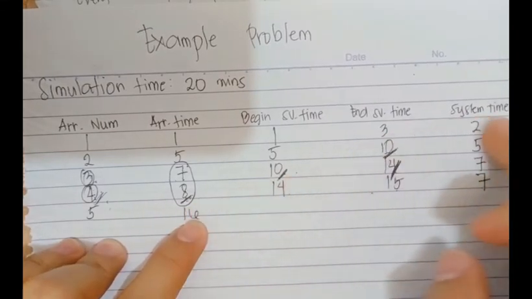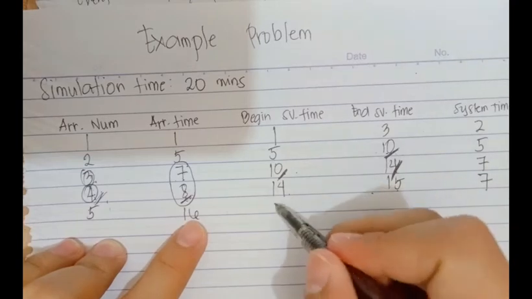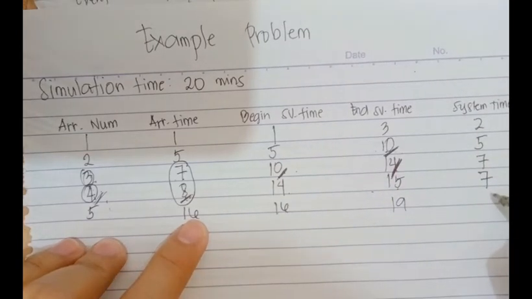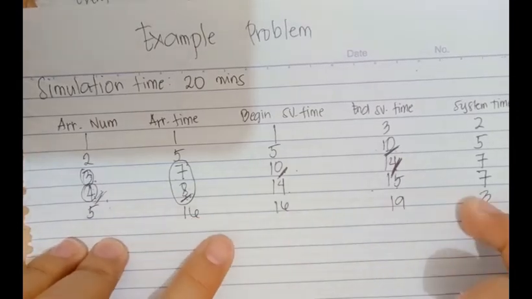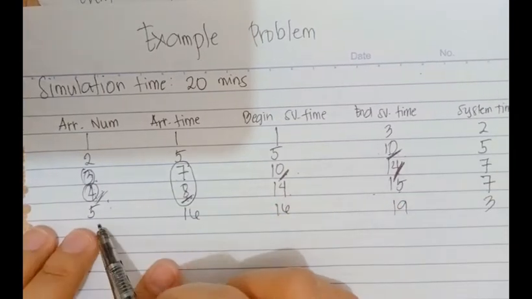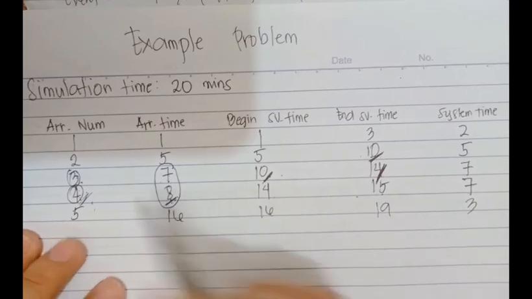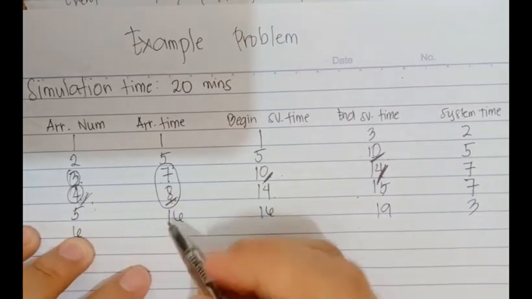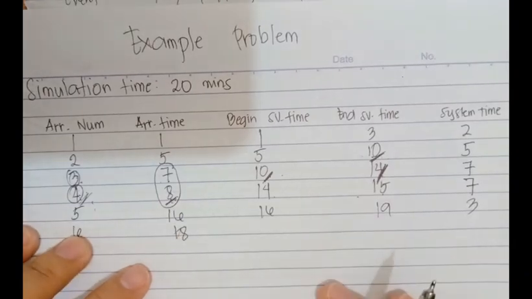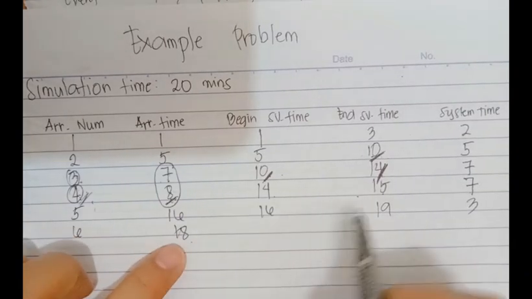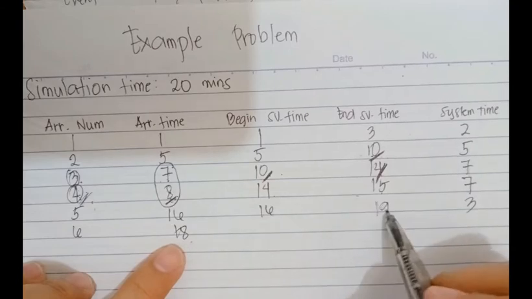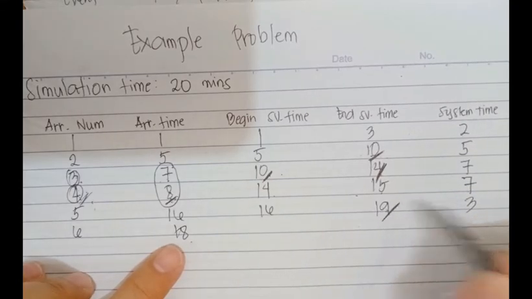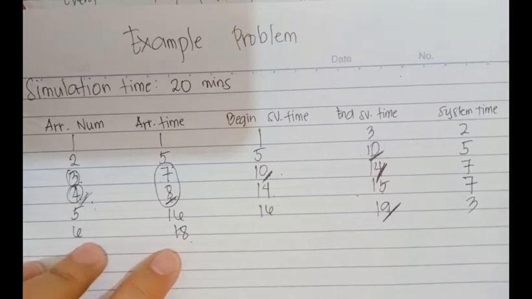Since the system is free here, it automatically starts, and this will be 19, and this is 3. During the service of entity 5, which is 3 minutes, entity 6 enters at 18 minutes. So it waits for entity 5 to finish. Therefore, our next relevant event is the end service of entity 5.